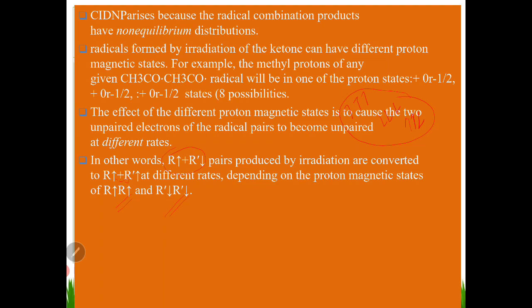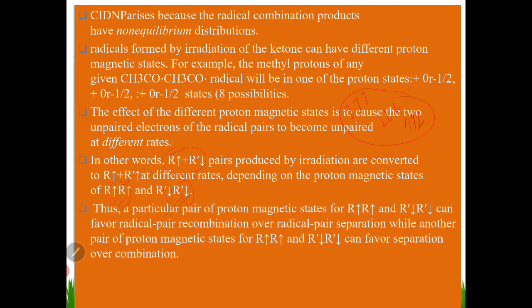In which state it is profitable, for this particular proton, in that state it will be going. So irradiation products are converted at different rates, depending on the magnetic state of the proton; anything may happen. It may get combined or it may go to the opposite. If these two are in the same direction, they cannot combine. This is not possible, whereas this is possible. So please understand.